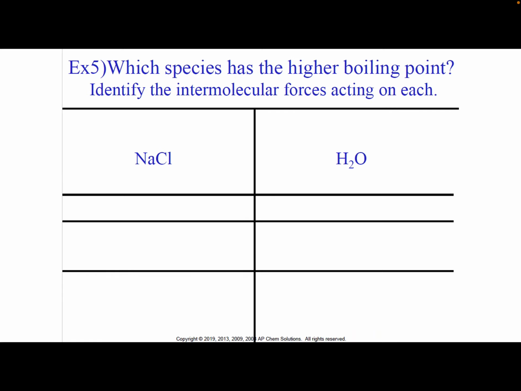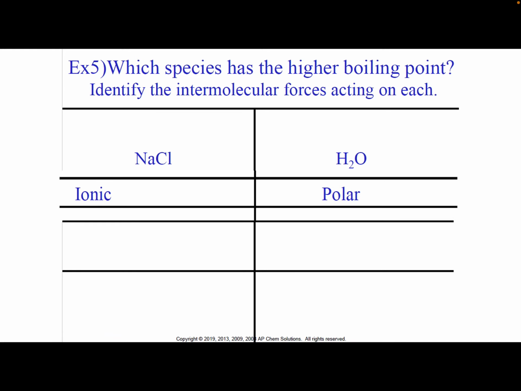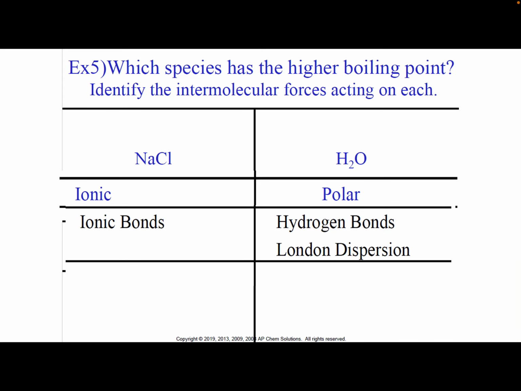All right, which one has the higher boiling point? Okay, I have an ionic compound and a polar molecule. So what forces? You have ionic bonds, and in water, you have hydrogen bonds and London dispersion forces. These are intramolecular forces, and these are intermolecular forces.